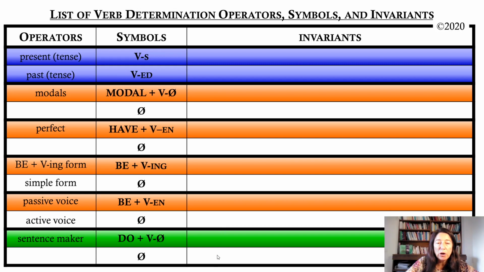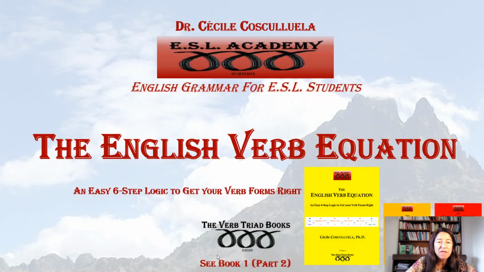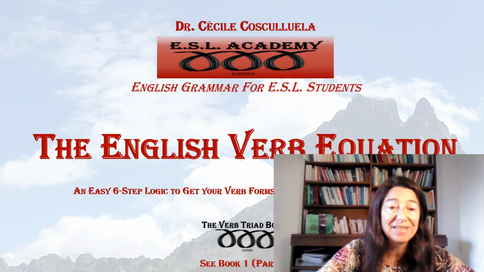And next time we'll see how they can combine one with the other in the English verb equation. So that's actually the topic of the book, the English verb equation, and this presentation was a first part to get you ready to really understand how the verb equation works. And you'll see this is a really, really simple and fundamental tool for you to use.